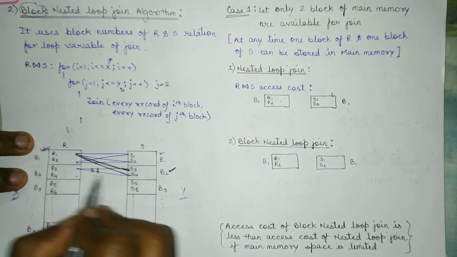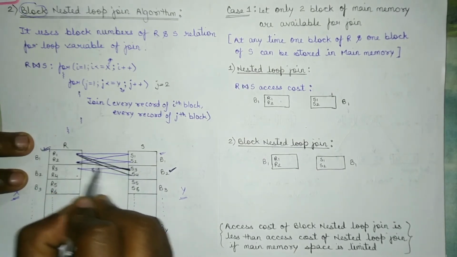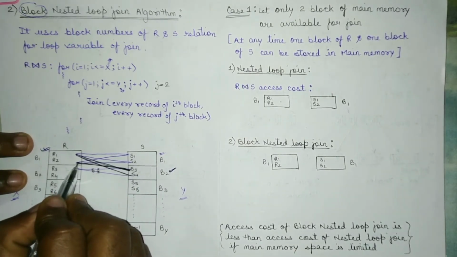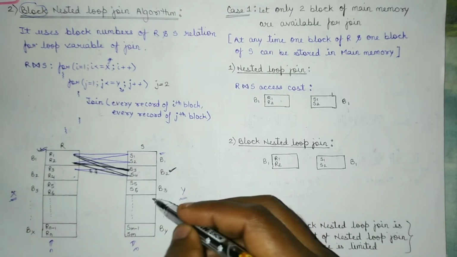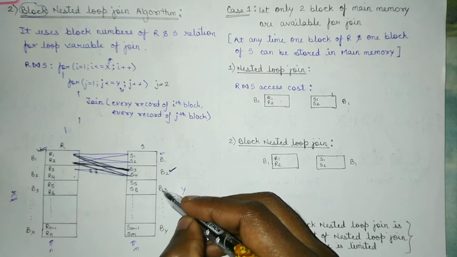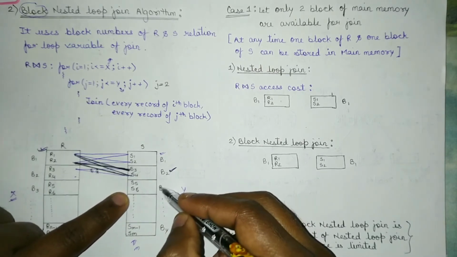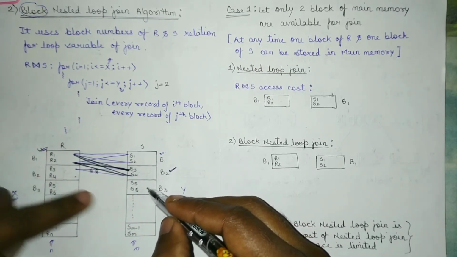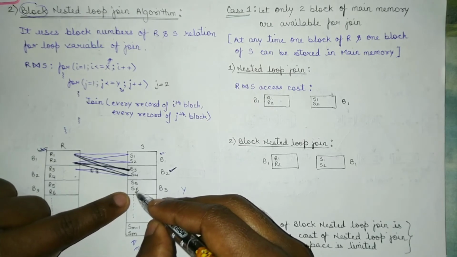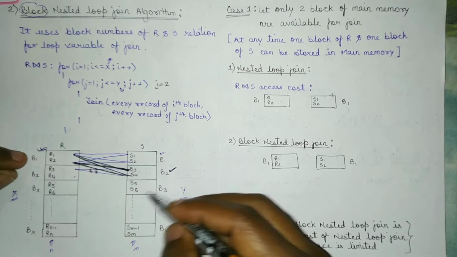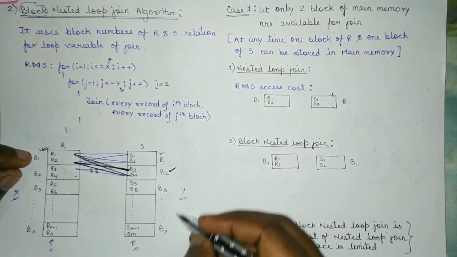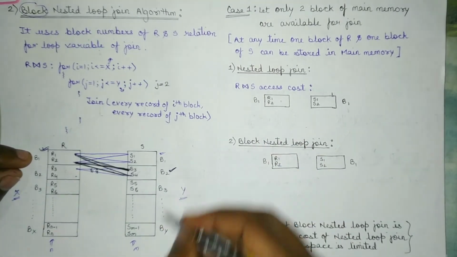Now R2 will be mapped with S3 and R2 will be mapped with S4. Similarly, J will be incremented and it will be at B3. So again R1 will be matched with S5 and S6, then R2 will be mapped with S5 and S6. So similarly, we have to access the blocks in this particular relation.